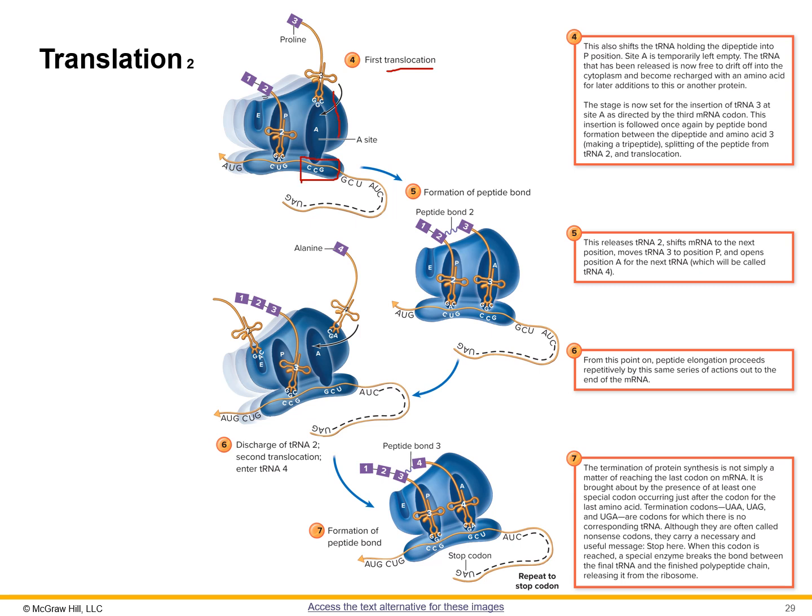Our next tRNA that has an anticodon to recognize it comes in. That brings these two amino acids close together so they can form that peptide bond. And then once that peptide bond is formed, we move down another codon, and everything just keeps shifting, and we keep bringing in more and more tRNAs to match up with those codons until we get to a stop codon, and then everything ends.